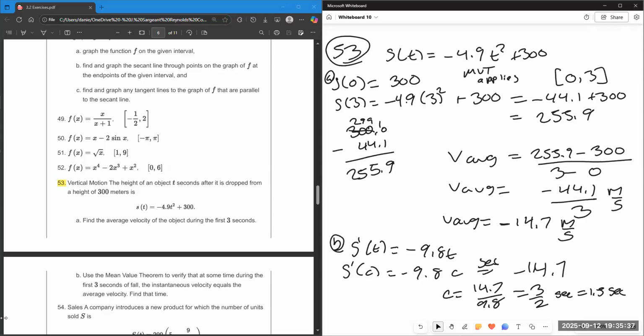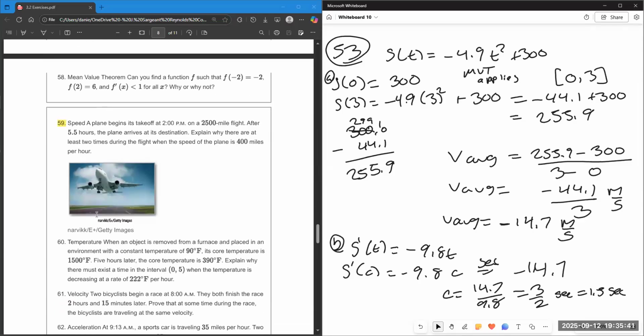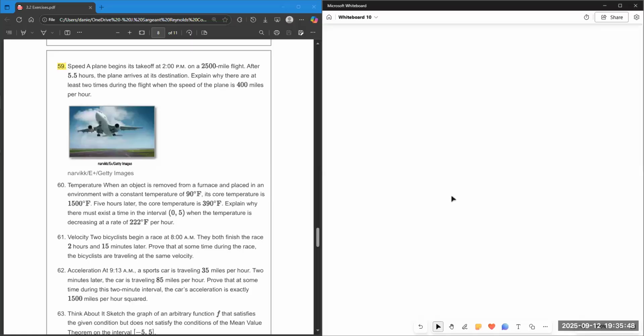All right, let's look at 59 to wrap this up. A plane begins takeoff at 2 p.m. That's not important. On a 2,500 mile flight, the average velocity is equal to delta s over delta t.